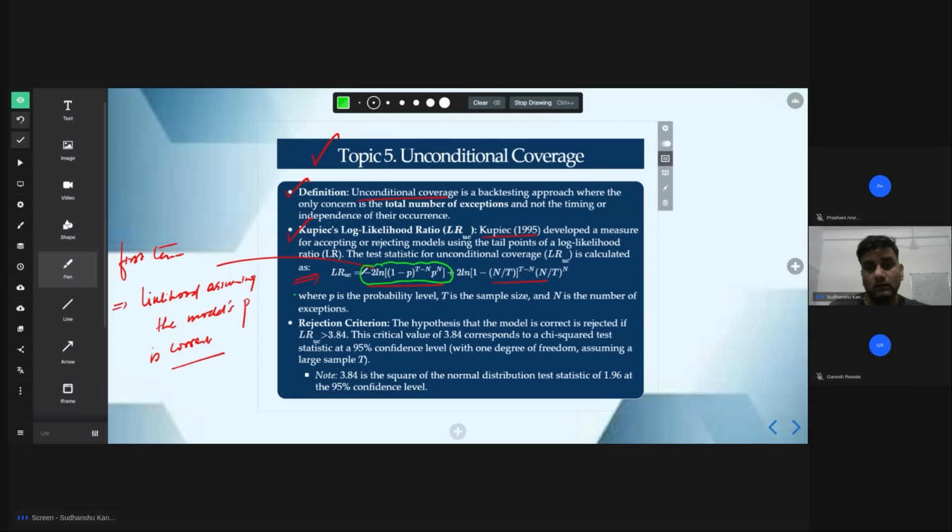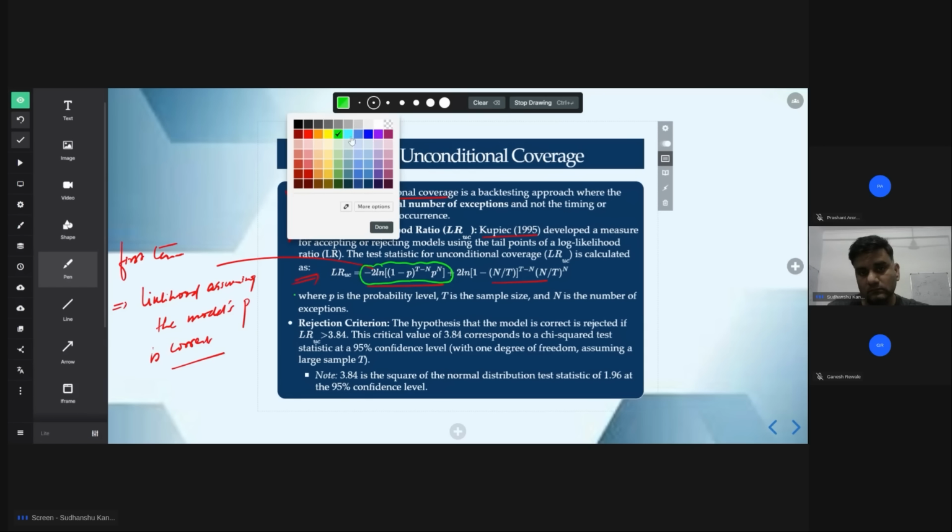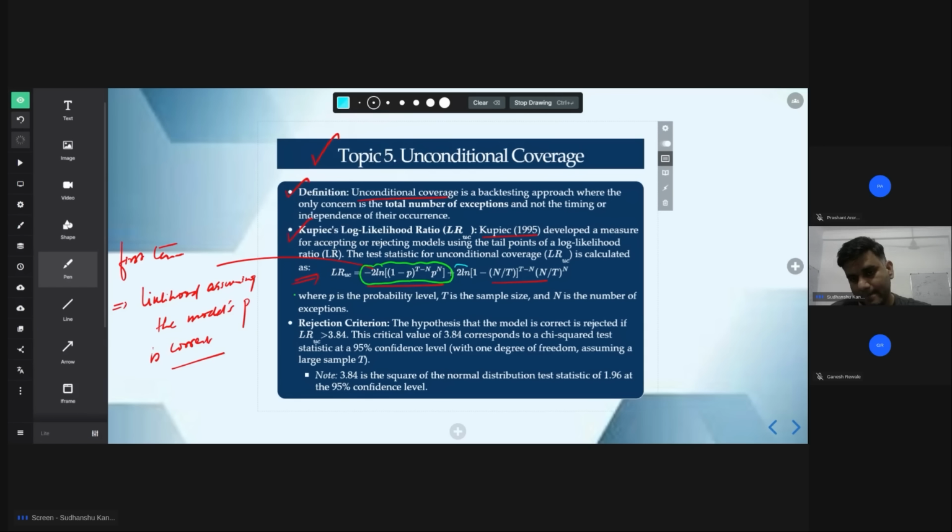The second term is different. This part is your likelihood assuming the observed exception ratio N by T is correct.